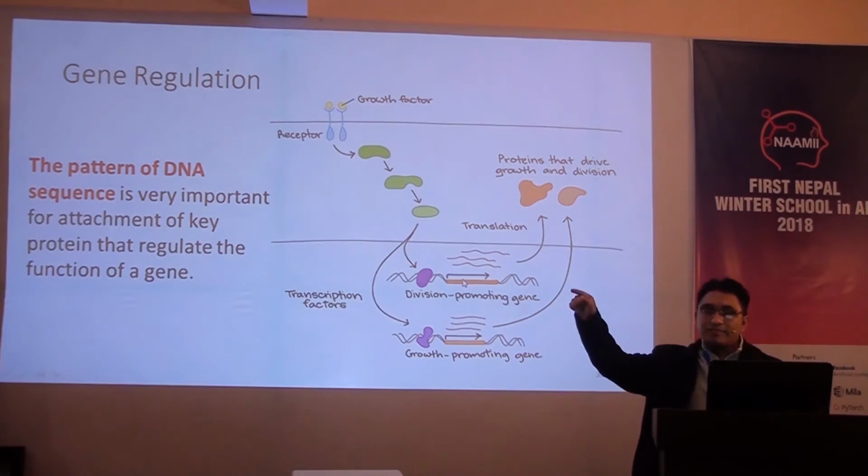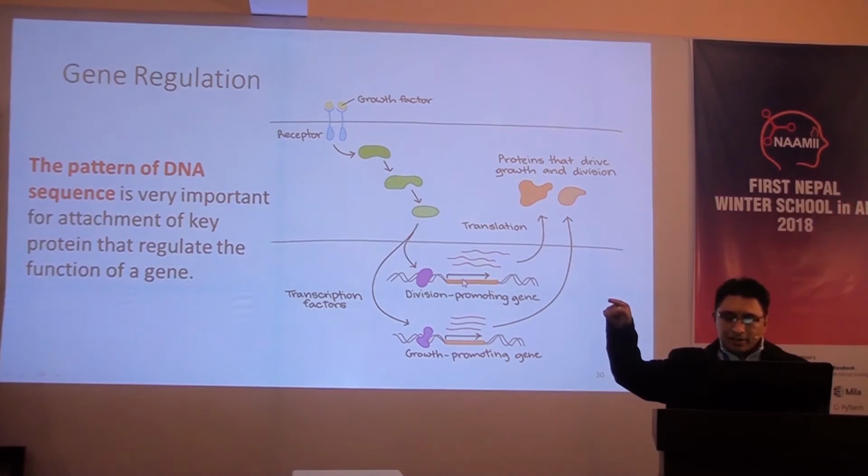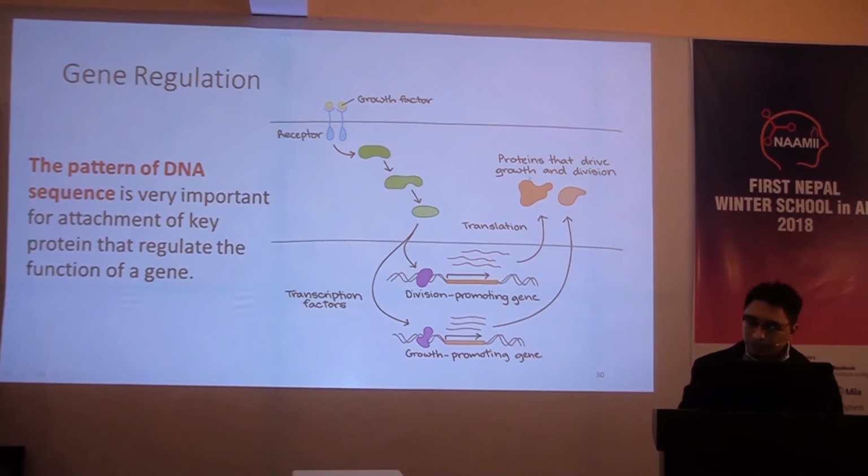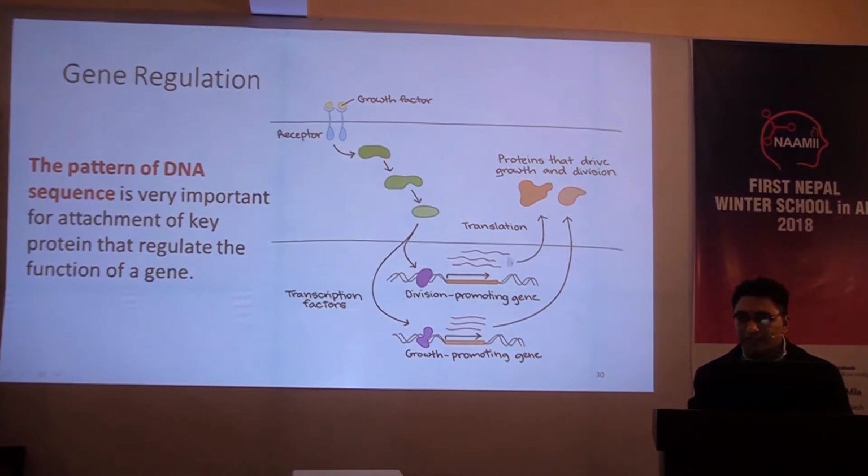So RNA is the message, right? When RNA is produced, it further gives rise to proteins, and it carries out the function. So when a gene is turned on, it produces different messenger RNA.